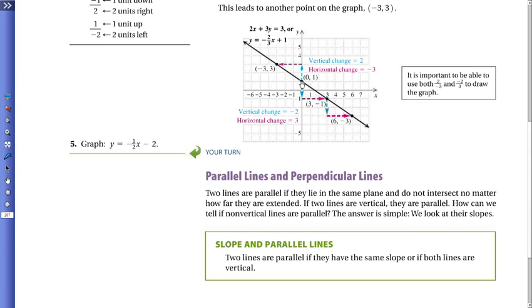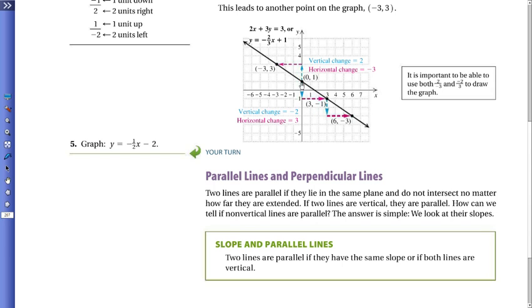Either one would work. In this case they go +2 over -3, which is up 2, and back or to the left 3, which is a -3. So 2 over -3 is the same as -2/3, and that's what they're showing here in this box.